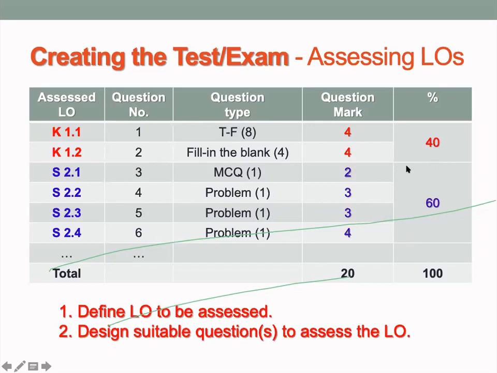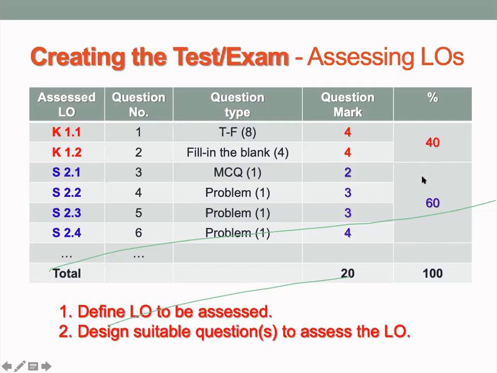For example, you can now see the percentage split between knowledge and skill, for example 40% knowledge, 60% skill. This one should be in a course at about the 5th or 6th level, not the low level.